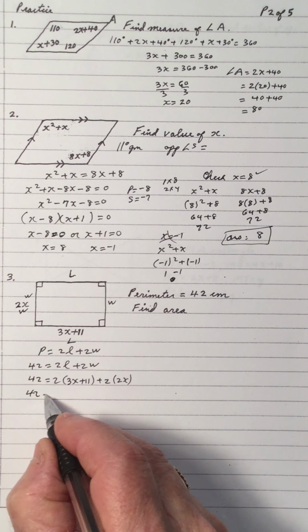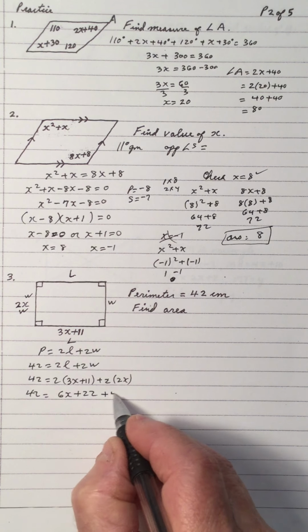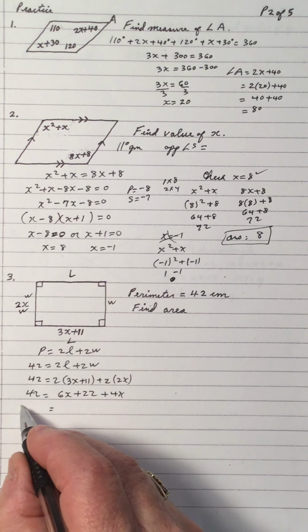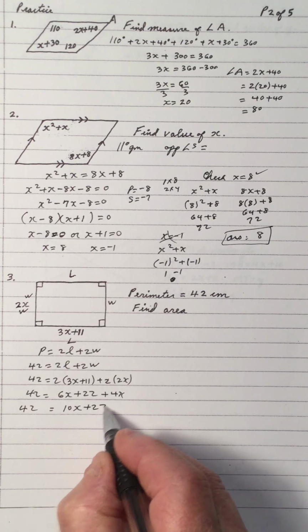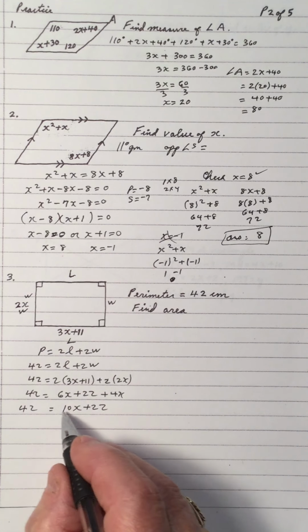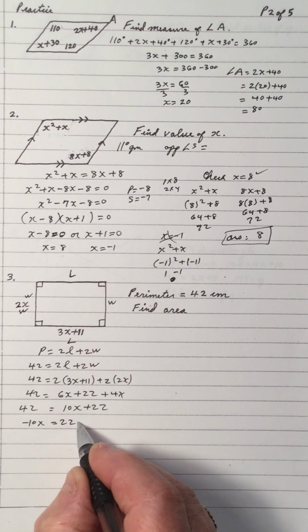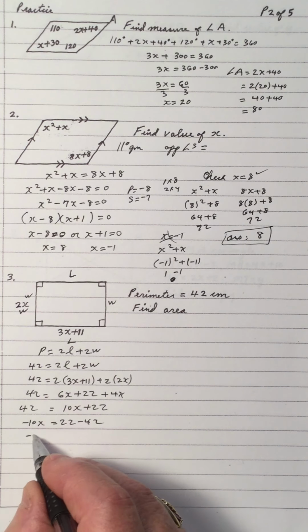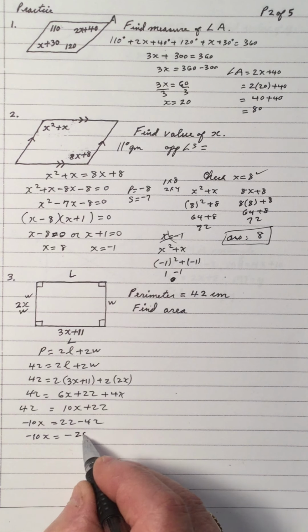So that gives us 42 equals 6x plus 22, and 4x. So 42 equals 10x plus 22. Now I can leave the 10x there and move it over, so I get negative, and 22 minus 42, negative 10x equals negative 20.